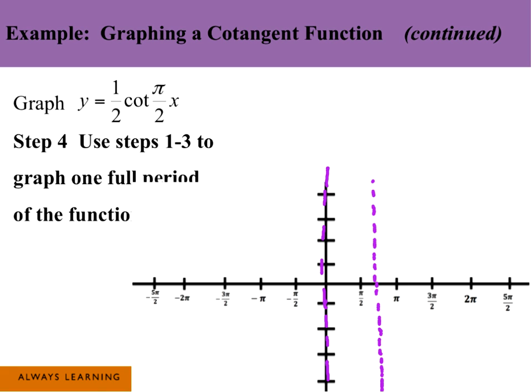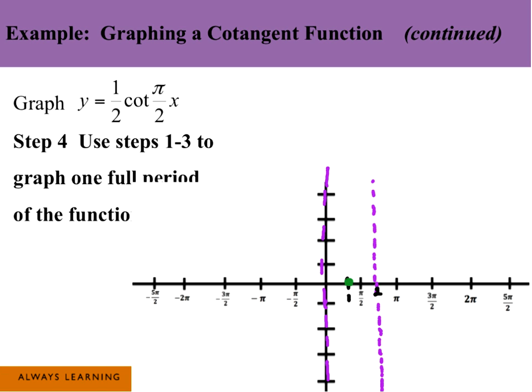Let me mark 1 on my x-axis. My 1 is about right here, and this is 2. Okay. So the reason I marked 1 is because that's where my x-intercept is, which is the next thing that I have to graph. Remember, that always falls halfway between those two asymptotes.